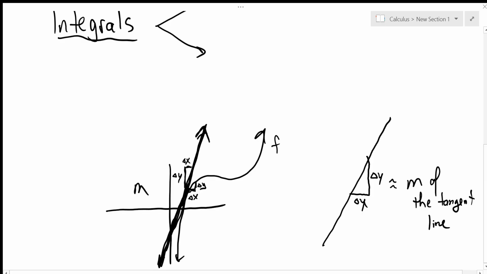And so the slope of the tangent line, maybe a better way to write this, is about the same thing as change of y over change of x. How much does the y value change given a small change of x? And then what we do is we say, okay, the triangle there means change in. We need a way to designate small change in.